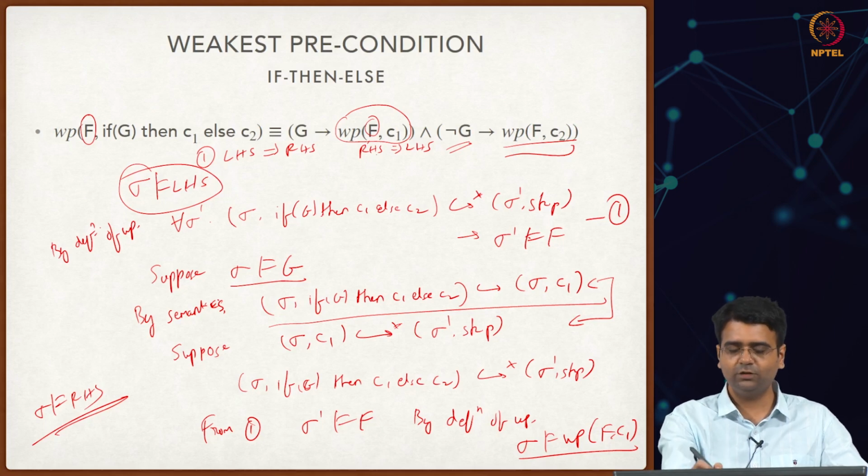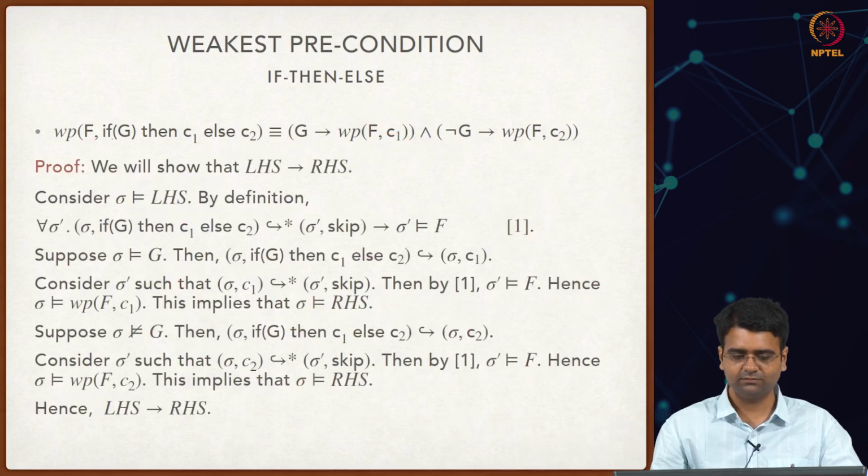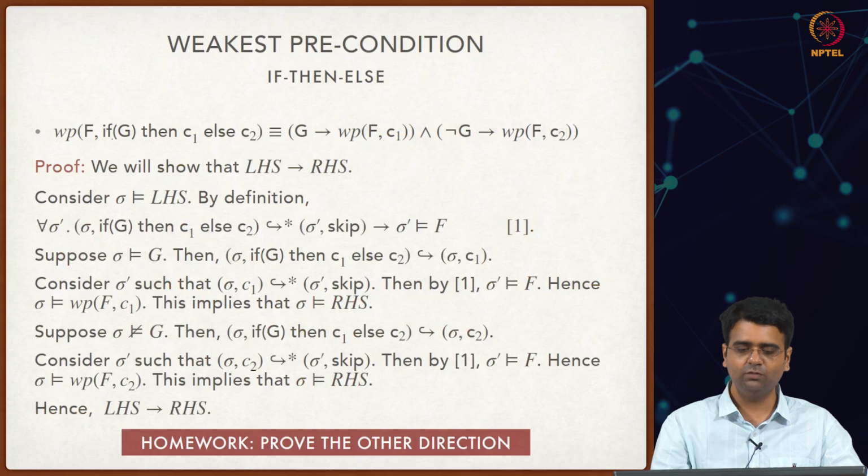As homework, you can also try to show that the right hand side implies the left hand side. For this you would need to take a sigma which is a model of the right hand side, and then show that such a sigma would also be a model of the left hand side. So, as homework you can try to prove the other direction.